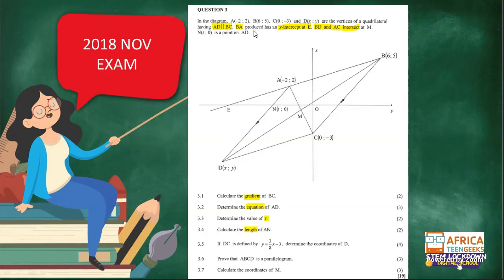We also know that there's an x-intercept at point E, and we also said point N is another x-intercept, okay?